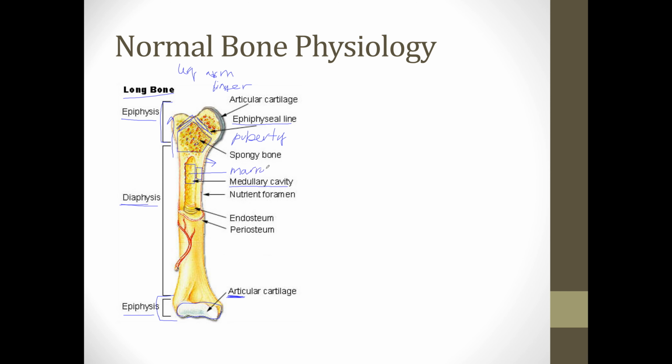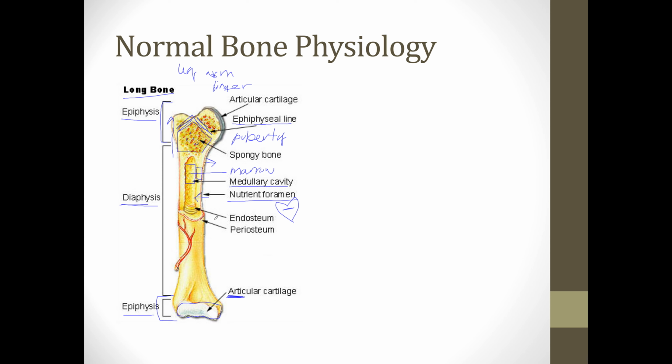Bone marrow is creating our blood cells from stem cells, and this is inside of the medullary cavity. There's a nutrient foramen. A foramen, just like in the heart, how there was a foramen ovale, which connected the atria, a foramen is just an opening so that there can be things like calcium, hyaluronic acid delivered to the innermost portion of the bone.